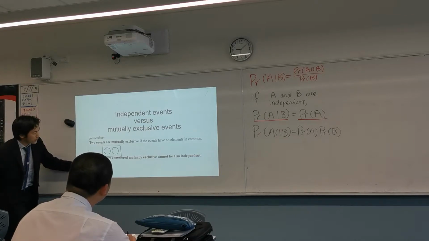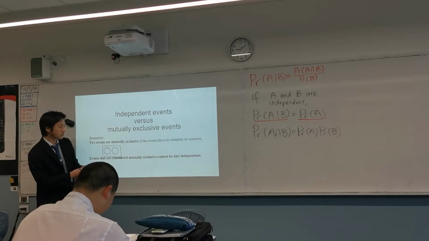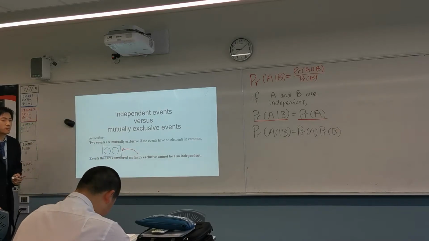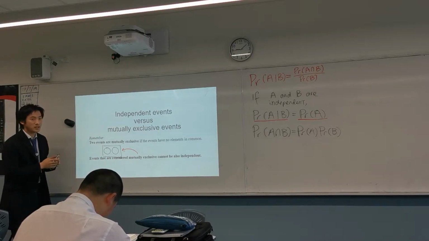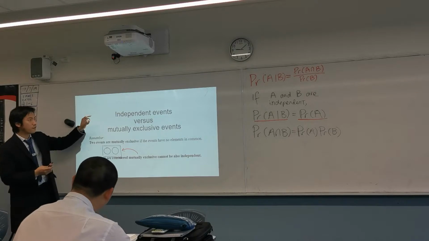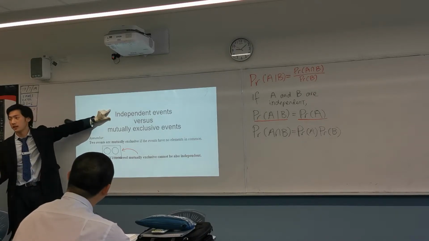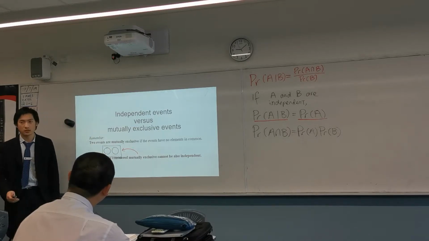At the bottom, we're stating that events that are considered mutually exclusive, so it's like this case, cannot also be independent. The way I'm going to explain this is the fact that if things are independent, then one happening does not affect anything else. So let's consider this case where you've got mutually exclusive events.